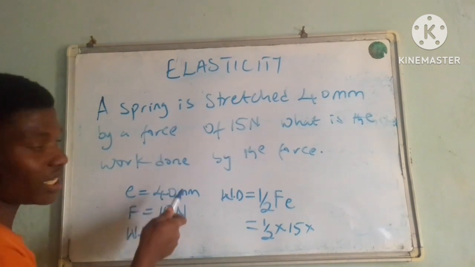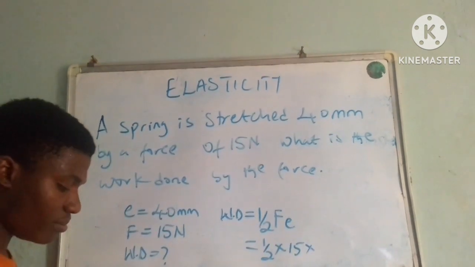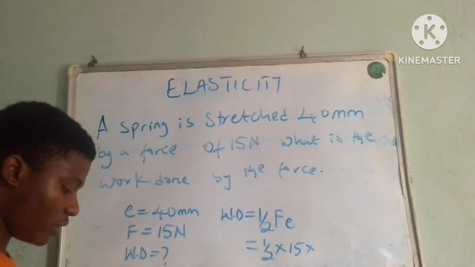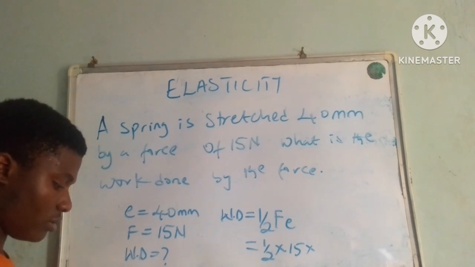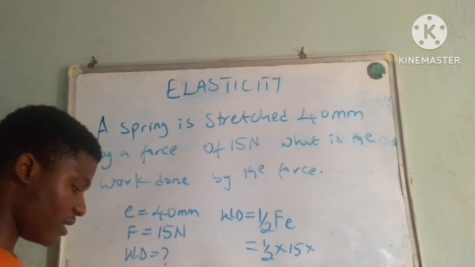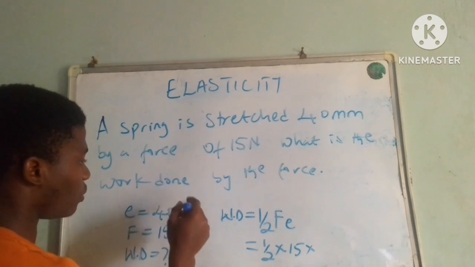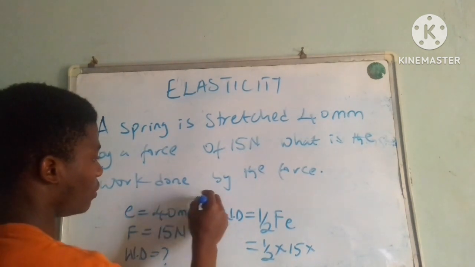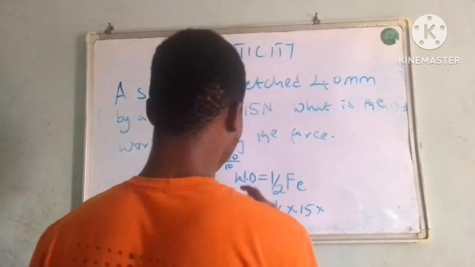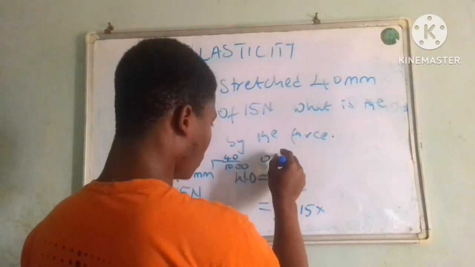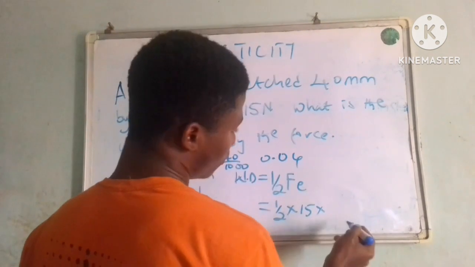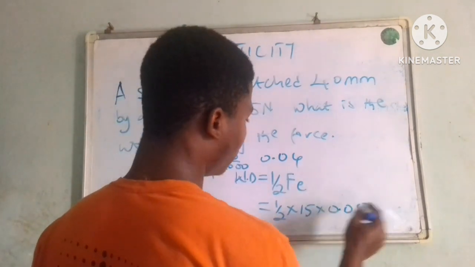We are going to convert millimeter to meter, and in order to do that, we do 40 divided by 1000, which is going to give us 0.04. So we'll bring down 0.04.